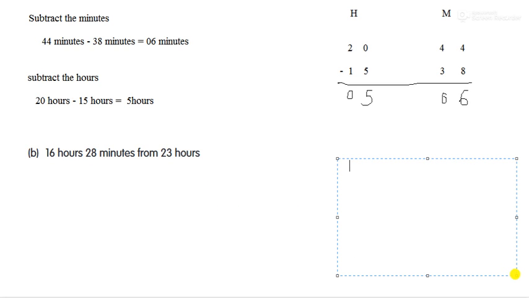So here hours and minutes. Here we have 23 hours and we don't have minutes. So here 16 hours 28 minutes.